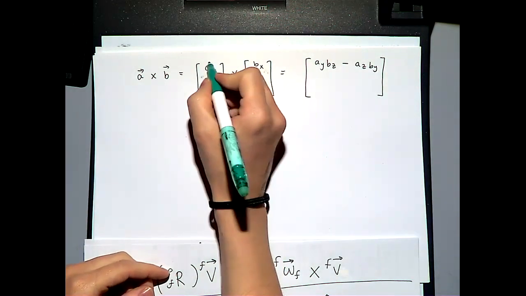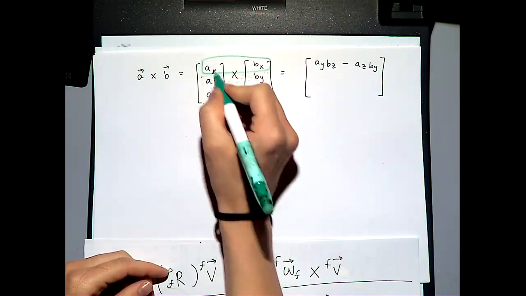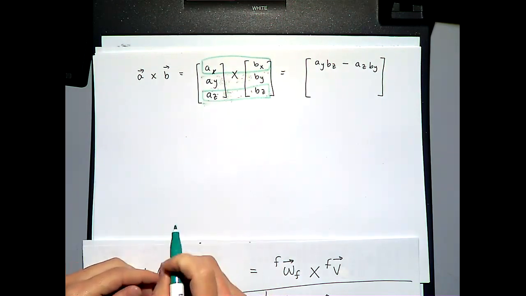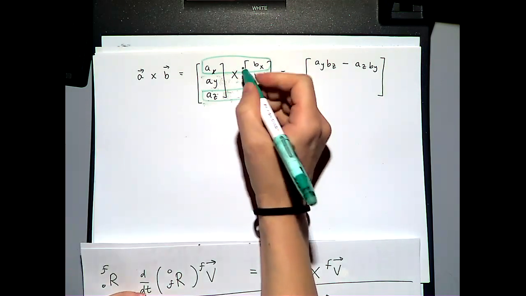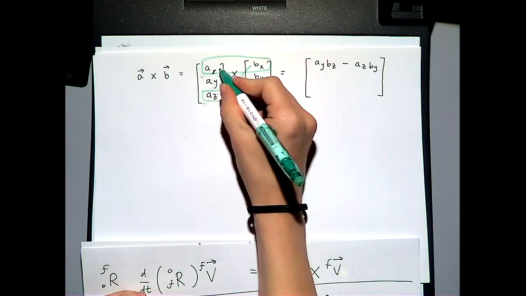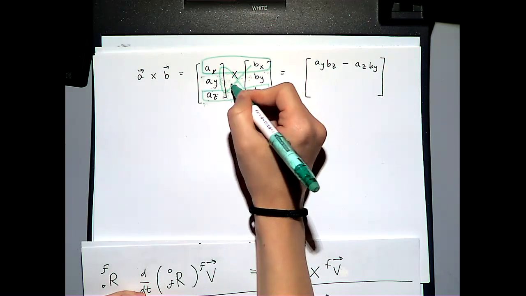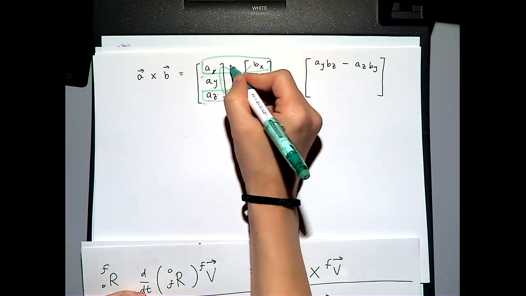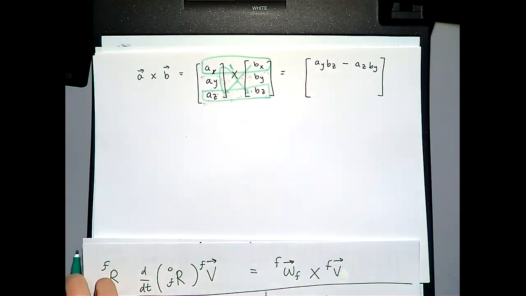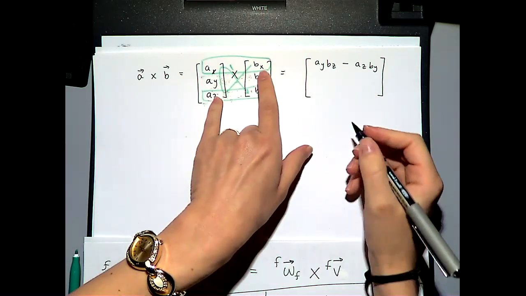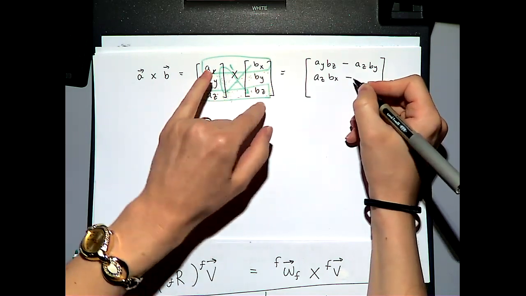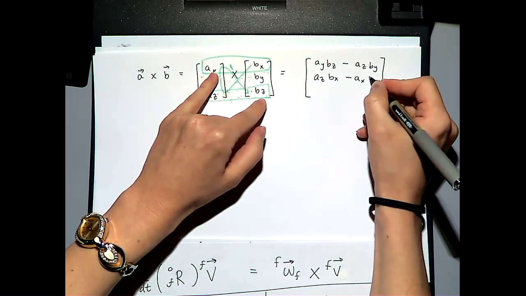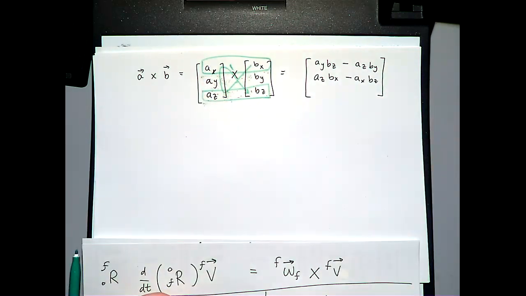For the y component, I'm looking at these bits, and I'm doing the opposite direction, like that, with this one being the minus, the last one. So it will be Az Bx minus Ax Bz, okay?